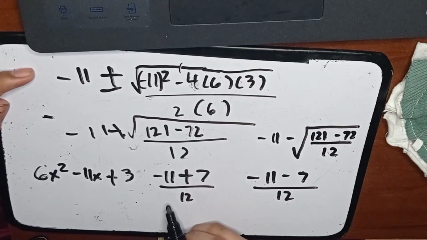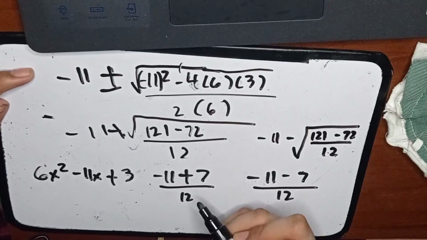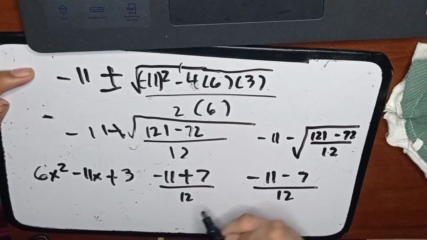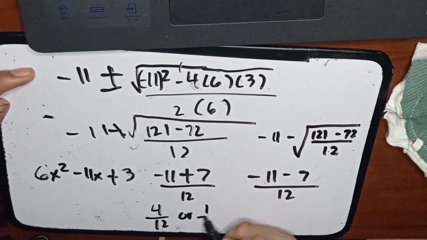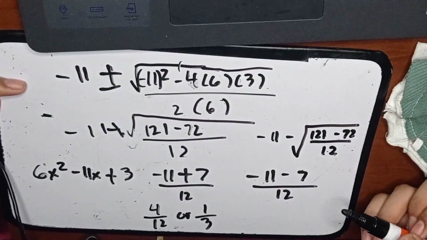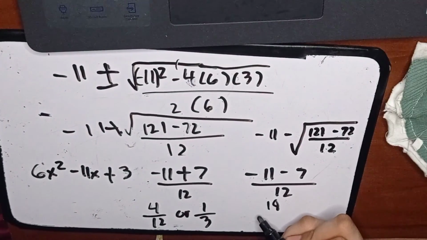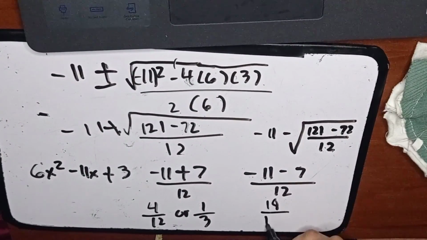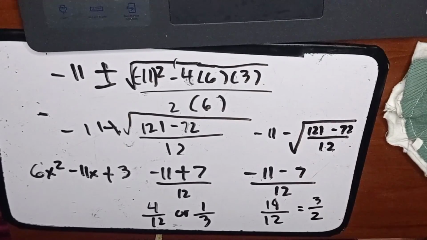So negative 11 plus 7, we have 4 over 12, or 1/3. Negative 11 minus 7, we have 18 over 12, which is equal to 3 over 2.